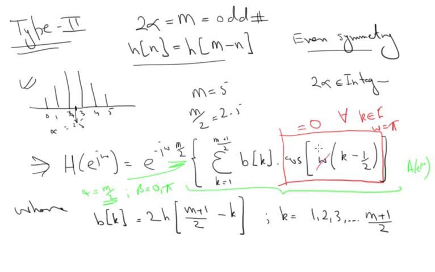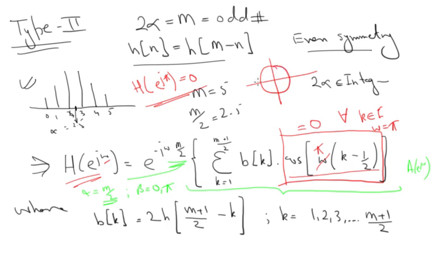That is, if you replace here this omega with pi, this cos pi times any k minus 1 by 2, this cosine function will always be 0. It means this frequency response is always 0 when your omega is at pi. In other words, in your pole 0 sketch, you have a 0 at -1.